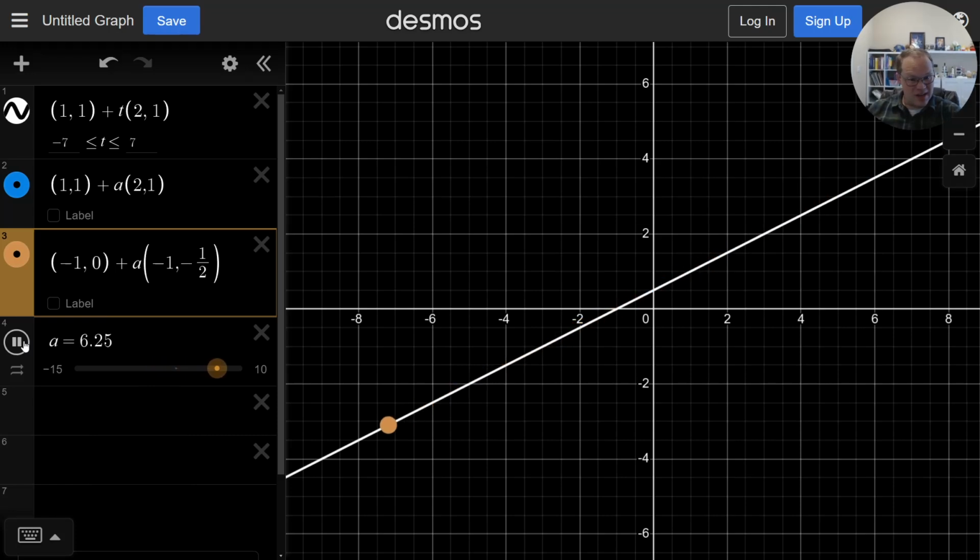It describes the same line, but its position at a given point in time and how fast it's moving is different for the two dots. And so we could describe two different particles in space going along the same trajectory, but moving at different speeds, having different positions at the same time.